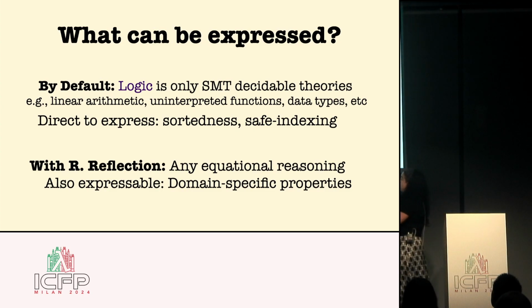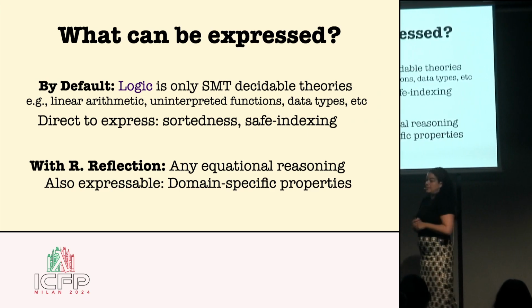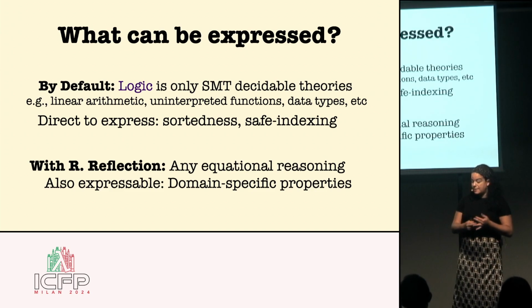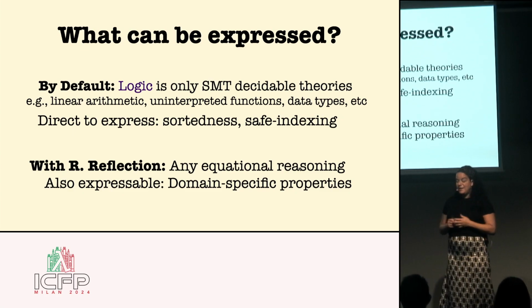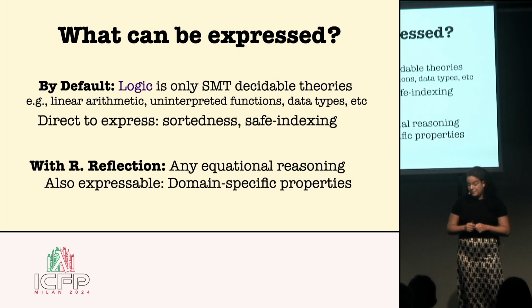So yes, the question that we have is what can be expressed with refinement types. And the answer is, by default, without any extensions, without any fancy features like refinement reflection, your logic should be within the SMT decidable theories if you want to have decidable checking and decidable inference. Inference, if you don't have it, you really understand that you need to have inference.